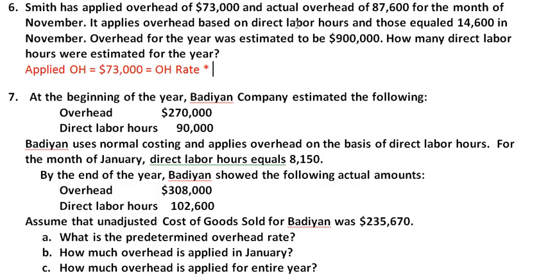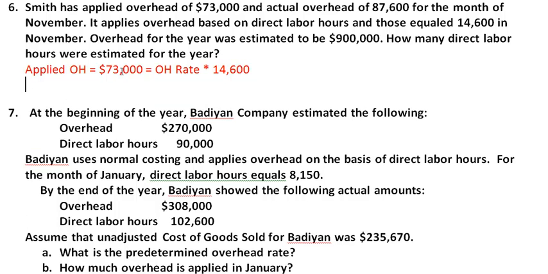It tells you that overhead is based on direct labor hours. The actual direct labor hours in November were 14,600. So knowing the direct labor hours and knowing what that multiplied out to be, we can calculate the overhead rate. I'm simply solving for my x.